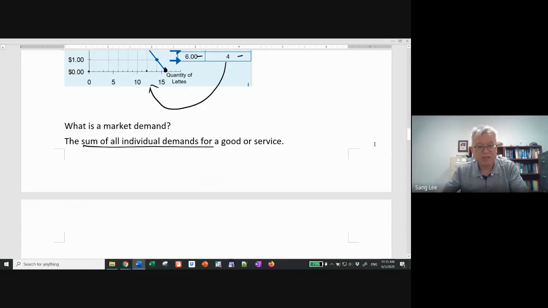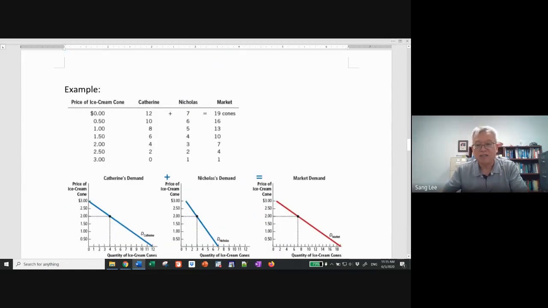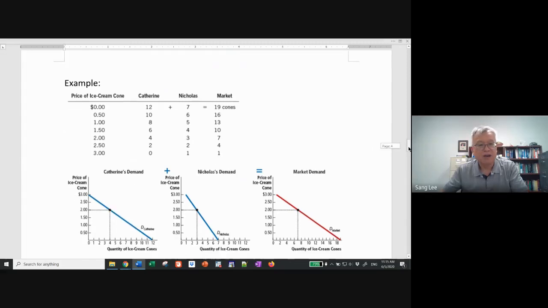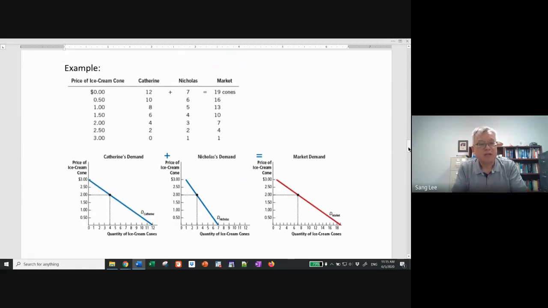So we're going to briefly talk about this. Let's think of the market for ice cream cones, and there are only, let's say, well, this is not realistic at all, but it'll help you understand the concept of market demand. Let's say there are only 2 buyers, Catherine and Nicholas. Now Catherine's individual demand for ice cream cones is what?